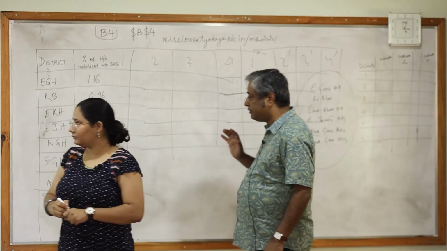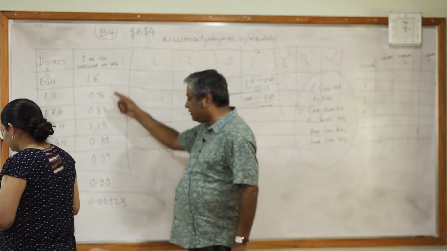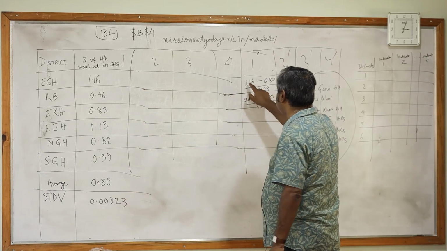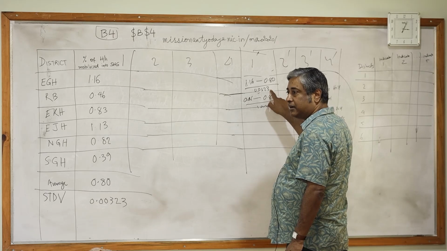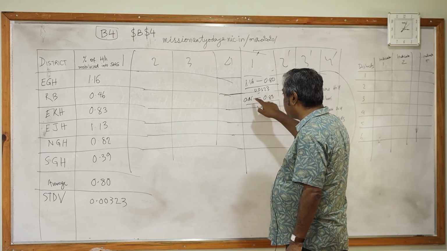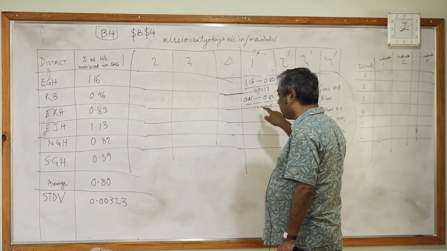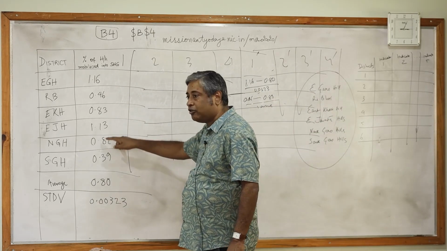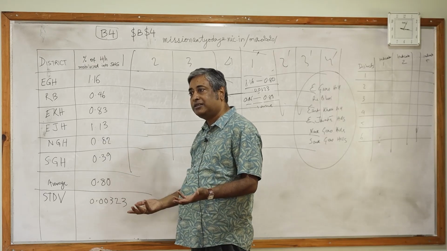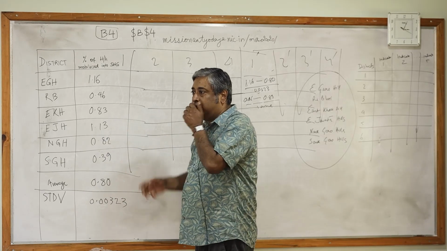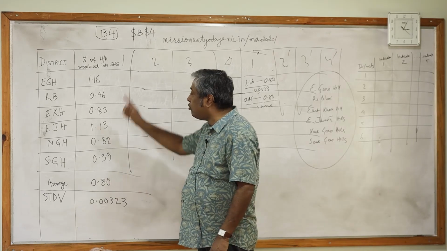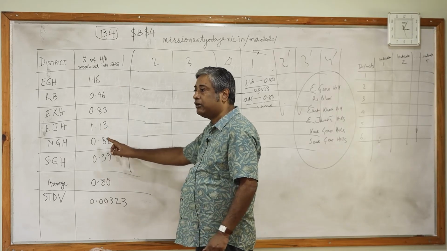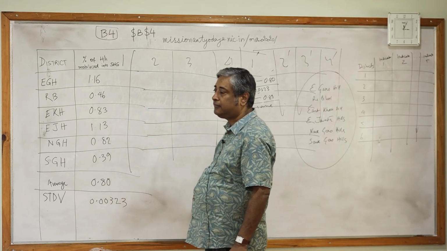Why are we fixing it? Because look at this formula. It is observation minus mean divided by standard deviation. The next one is also observation minus mean divided by standard deviation, and so is the next. The only things changing are the observations. Standard deviation and mean remain the same, so we want to fix those. When you put a dollar, it fixes that cell. The cell where you don't put dollars will keep changing.